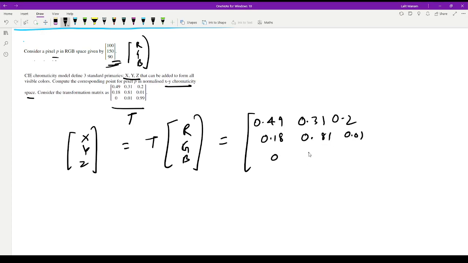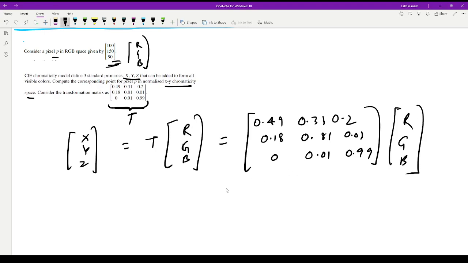Sir, the T is given by the CIE people, right? Yes. Okay, so we are given this transformation. I should replace it with values. What are the values? 100, 150, and 90.